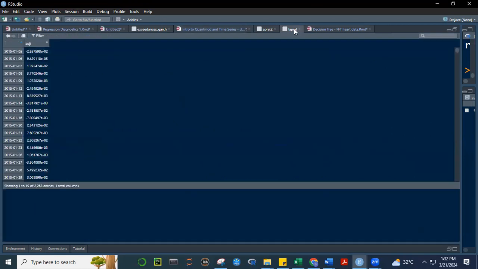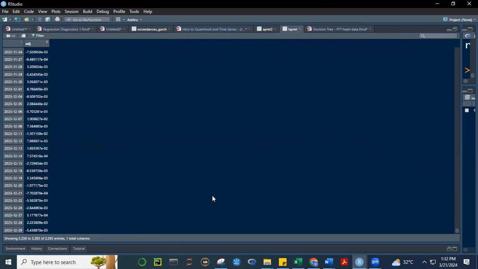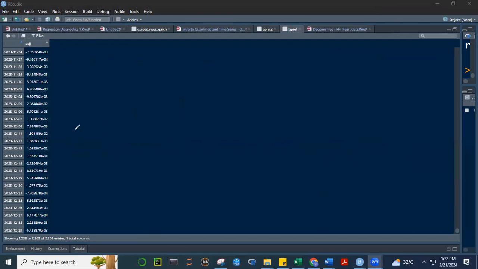How do you get the autocorrelation function? Simple. Okay, this is our data, right? I'm starting from the most current.